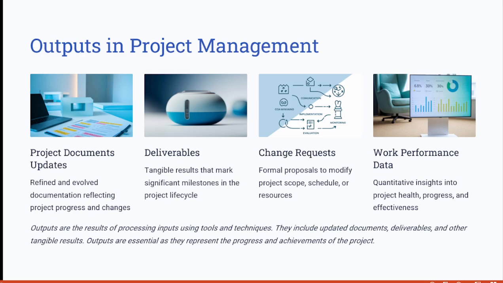While work performance data provides insights into the project progress and performance, the work performance data is one of the outputs that is produced in the executing process group, for example.